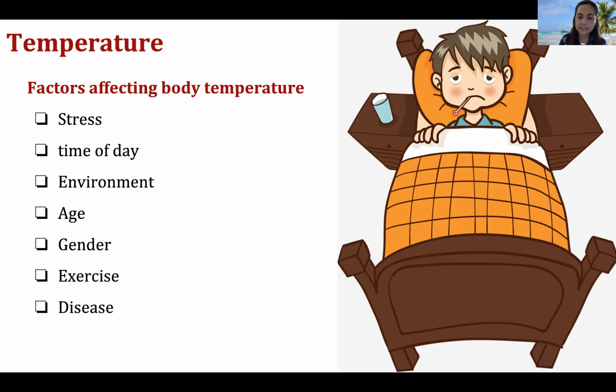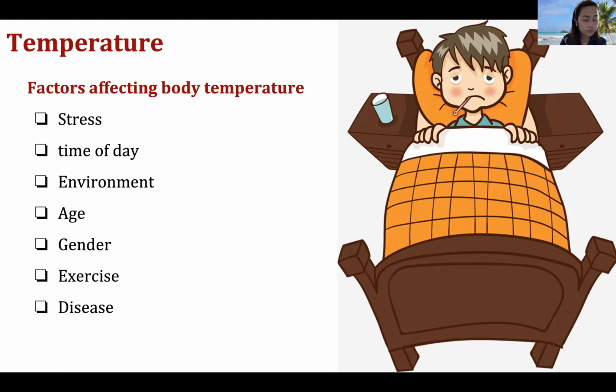Lastly is the disease. Any patient who has a disease, as a body defense or body mechanism, will have an increased temperature, especially for those diseases that mainly attack our immune system.